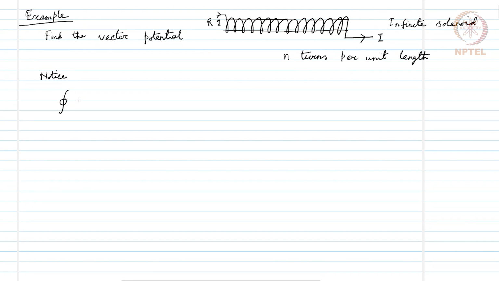If we take a closed integral over A dot dl, we can write that using Stokes' law as the integral of curl of A dot dA, and curl of A is nothing but the magnetic field.